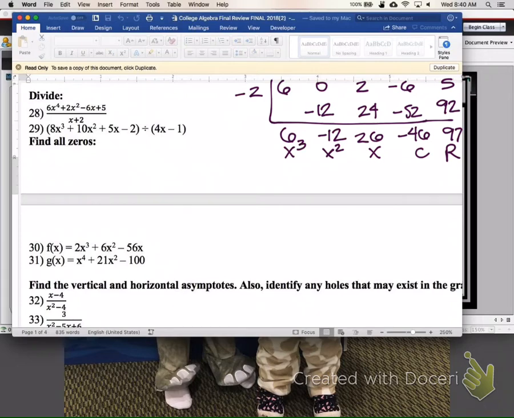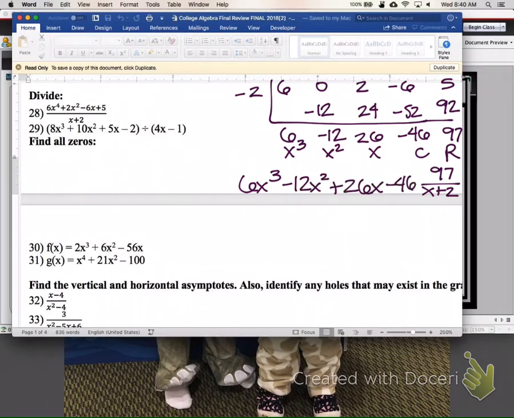So I would do 6x cubed minus 12x squared plus 26x minus 46 plus a remainder. And you write your remainder over what you were dividing by to begin with. So my answer would look like this.